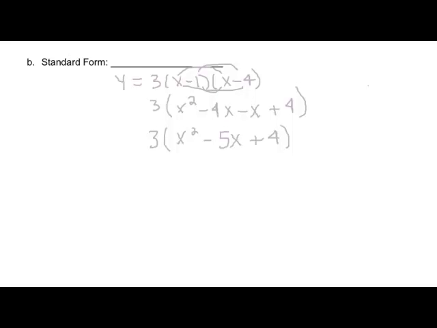I'm going to simplify what's inside the parentheses, so I get x squared minus 5x plus 4. And then lastly, I'm going to distribute in that 3. So y equals 3x squared minus 15x plus 12 is my equation in standard form.